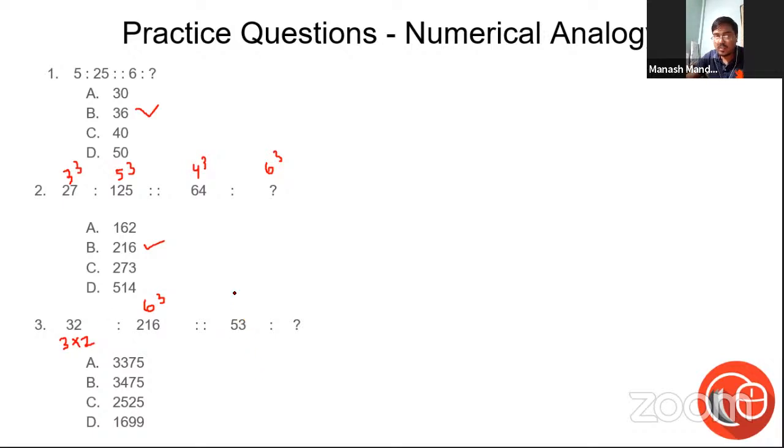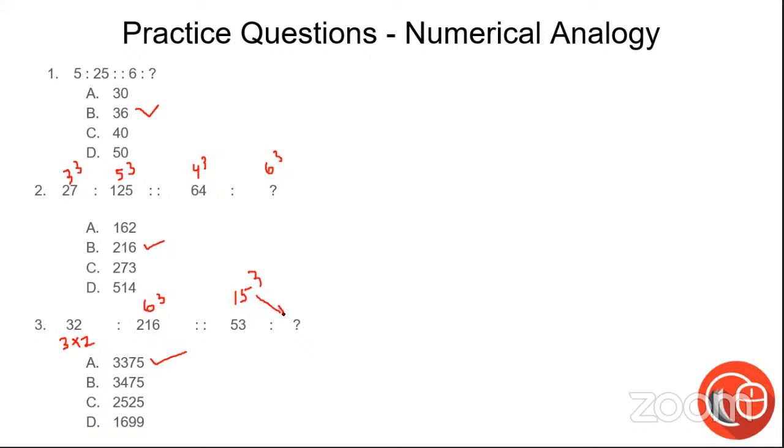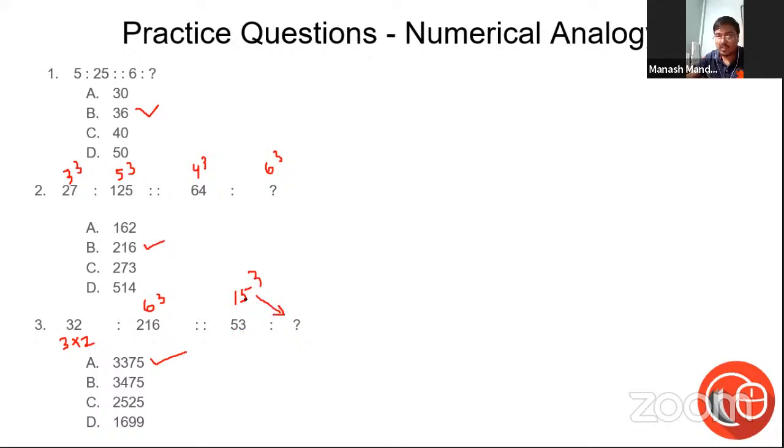So 5 into 3 is 15. Now 15 cube is 3375. So 3375 is the right answer. 5 into 3 is 15, and 15 cube is 3375.